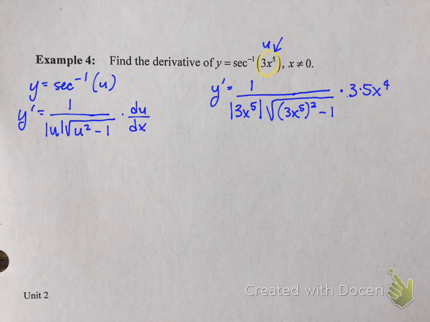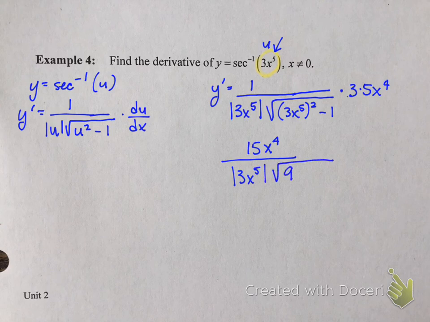Okay, so let's clean this up. In the numerator, I have 15x to the 4th. And then I have the absolute value of 3x to the 5th. And then we have the square root of 9x to the 10th minus 1.